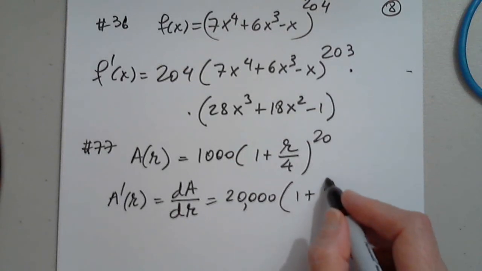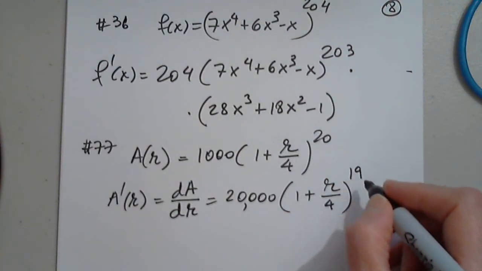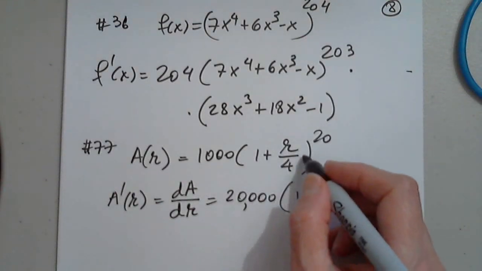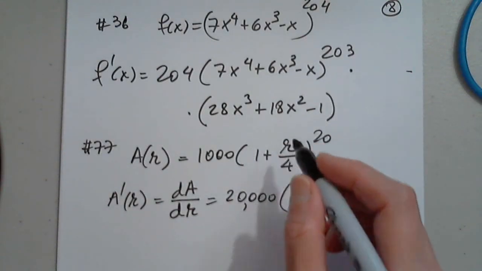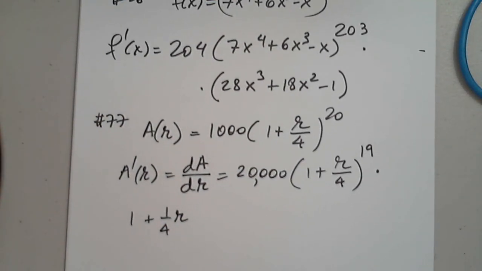And 1 plus r over 4, subtract 1 from the power, times the inner function prime. Remember, the inner function can be written like this. It's a linear function. So the derivative of this is just its slope because it's linear. What will be the slope of this line?